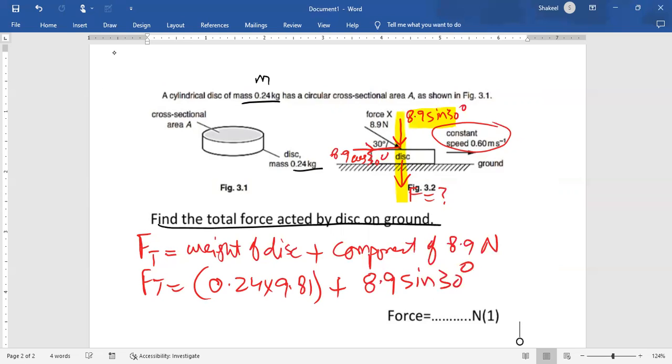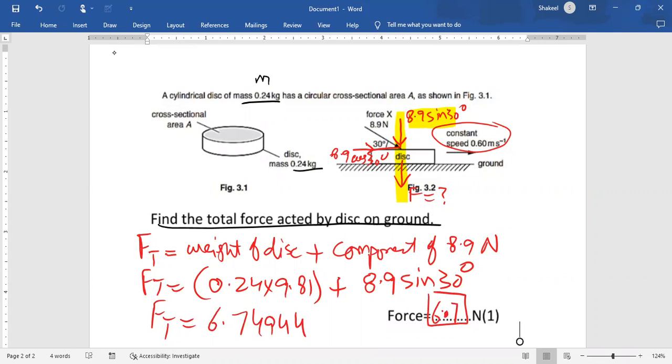When you add them, you will get the total force, which is 6.74944. So the total force is actually 6.7 Newton. So that is the only force.